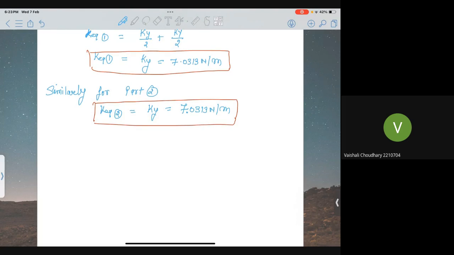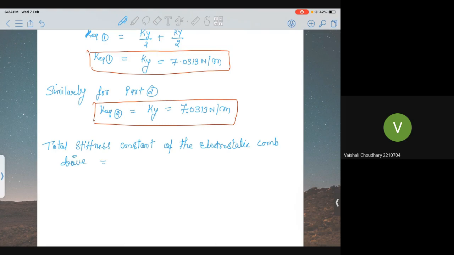Now the total constant of the electrostatic comb drive will be K equivalent of 1 plus K equivalent of 2.